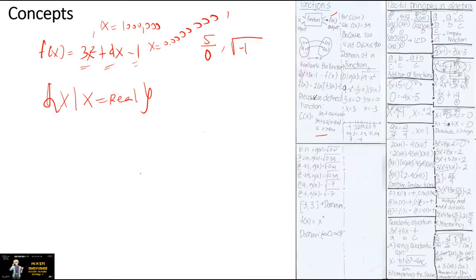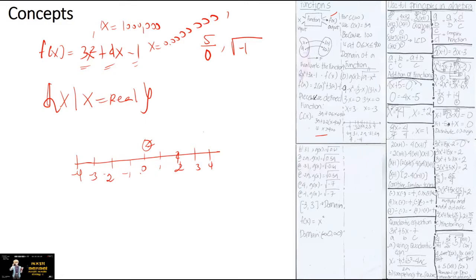Pero mas maganda pala yung ganito. Ito yung number line mo: 0, 1, 2, 3, 4, negative 1, negative 2, negative 3, negative 4.